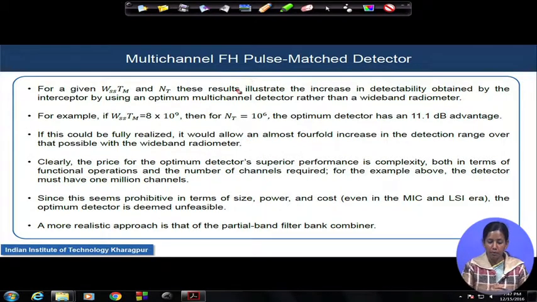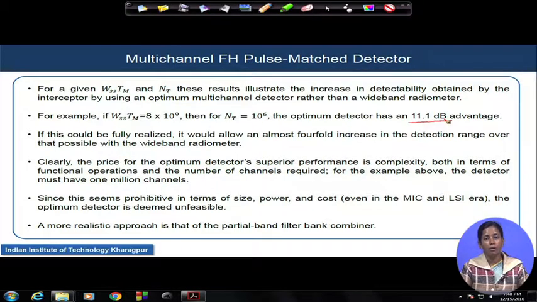By using an optimum multi-channel detector compared to the wideband filters, we can quantify the term. When the time bandwidth product was 8 into 10 to the power 9, and if I have 10 to the power 6 hops, the optimum multi-channel detector improves by 11.1 dB with respect to your radiometer.